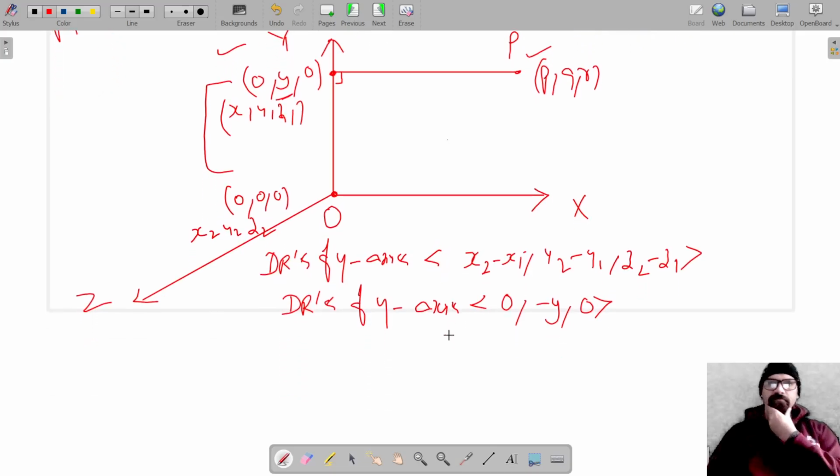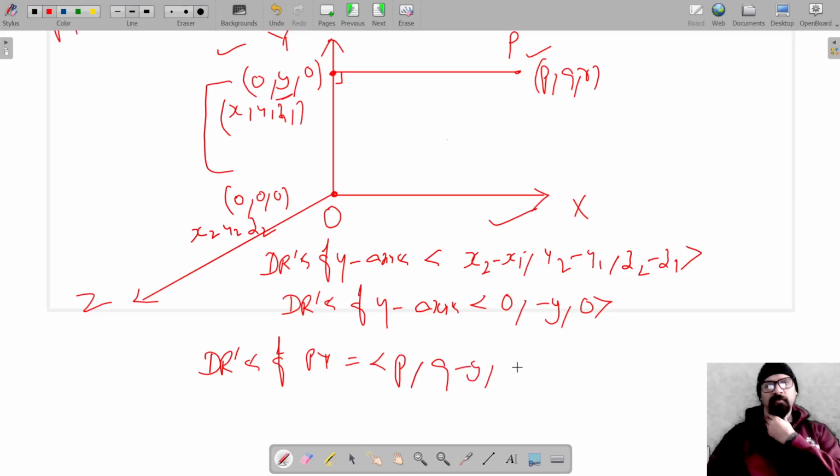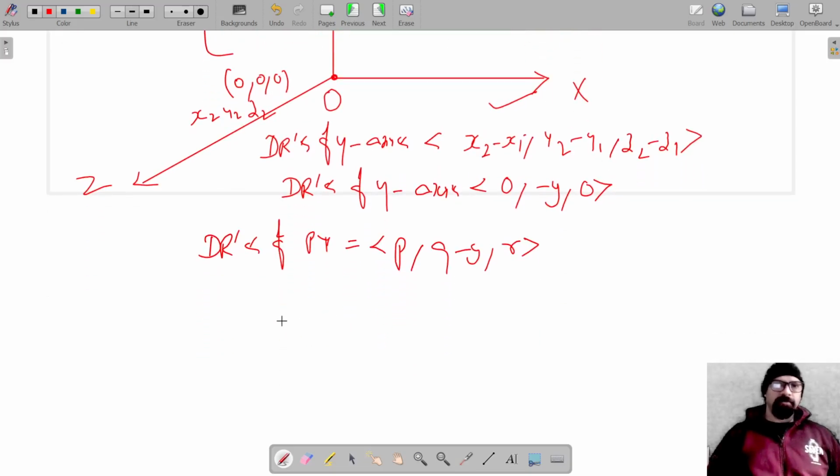Now let's also find the direction ratios of Py using the same formula. So this is P minus 0, which is P, Q minus y, and then R. Now this y-axis is perpendicular to Py, which means the sum of the products of the direction ratios should be equal to 0.